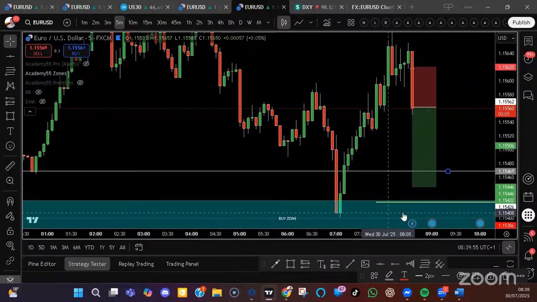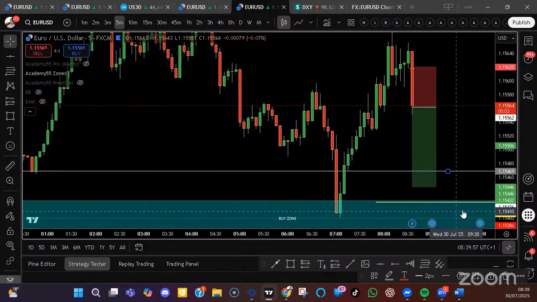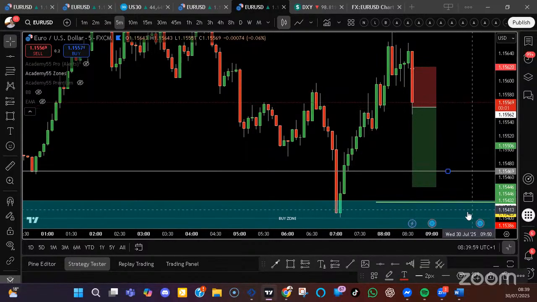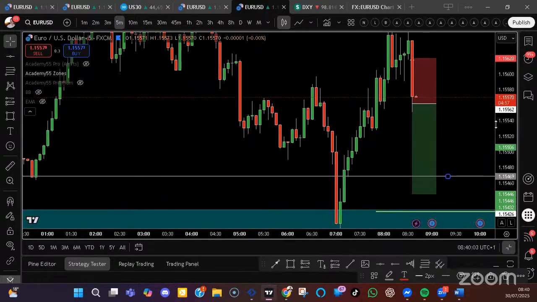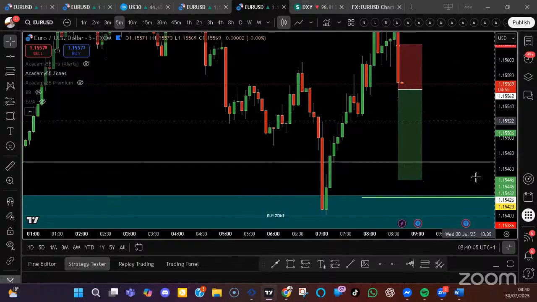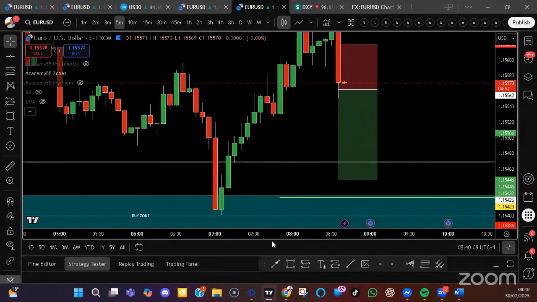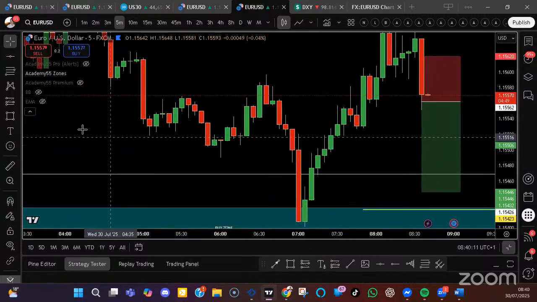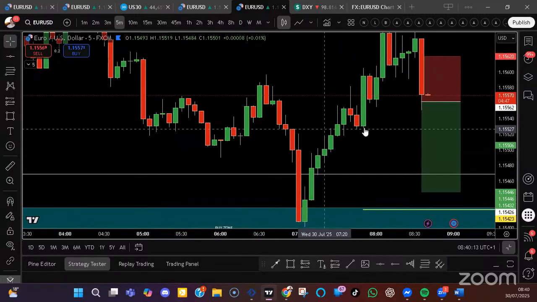Are there lots of buy orders down here that the banks might want to tap into? I certainly hope so, but we don't know that. And I'm hoping they'd want to be doing that within our trade here.